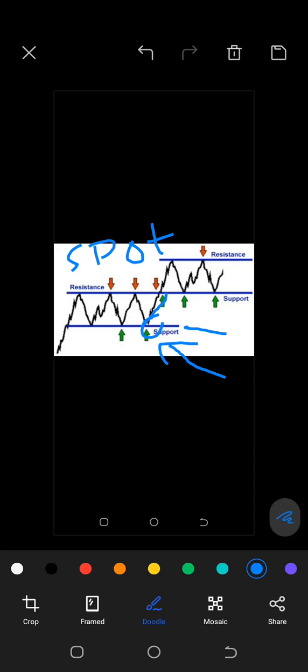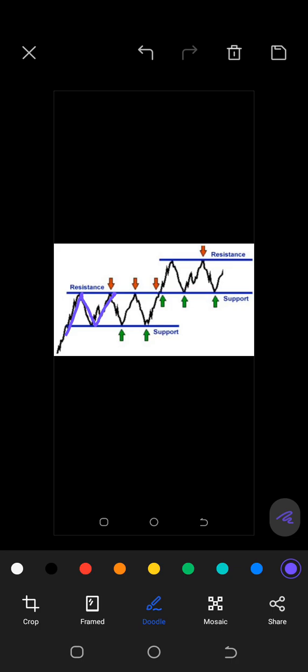Okay, so let me clear here, and then we look also at resistance. Anytime the price goes and then bounces, made two touches, we call it the resistance zone. Now the resistance, as the name suggests, is something which stops price from rising further.